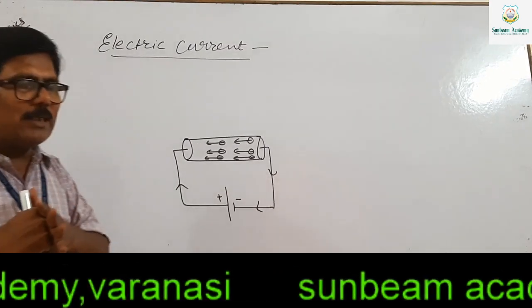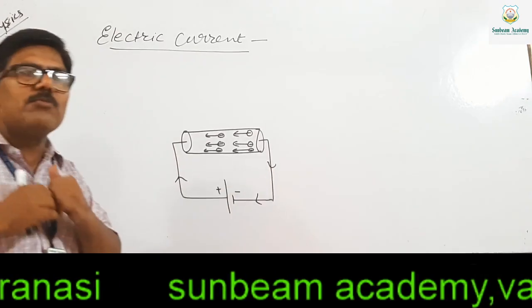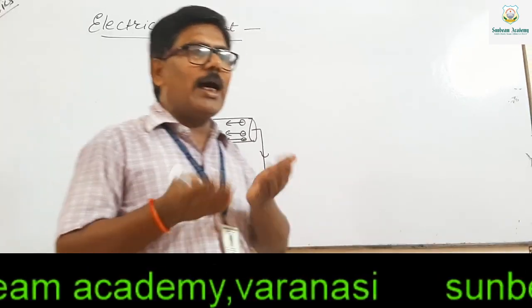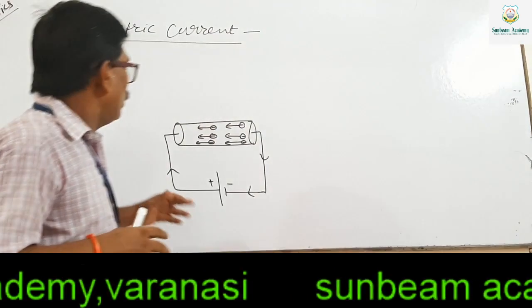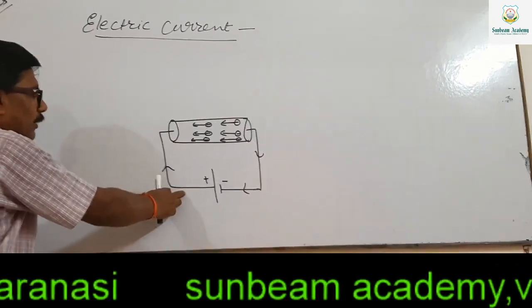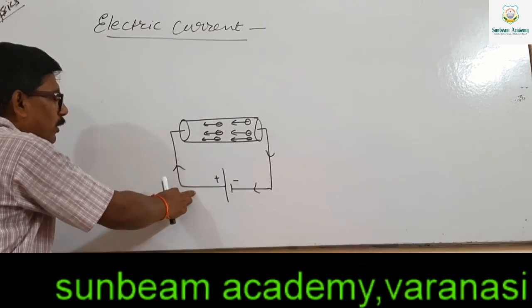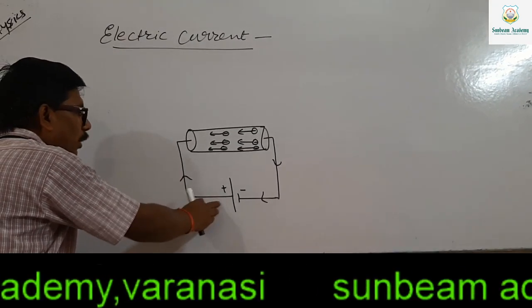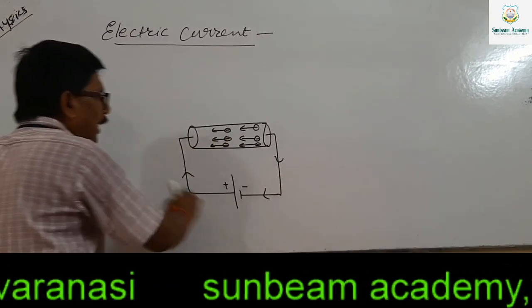Conventional direction means, as per our assumption, we always consider positive as a higher value. So, in the external circuit, when we mark the flow of current, we mark it from positive to negative.